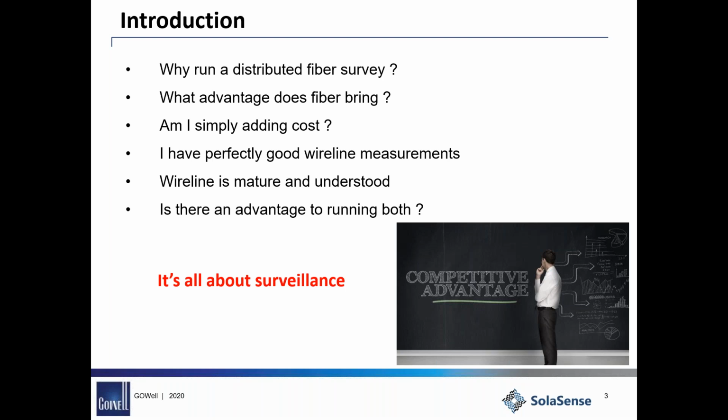It's always frustrating when it's the first thing to go during times of austerity. They tend to cut back on surveillance as being an easy target. We've got perfectly good wireline measurements, so why would we need to change to this new form of measurement? So what are the motivations there?